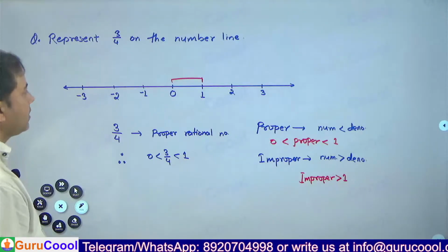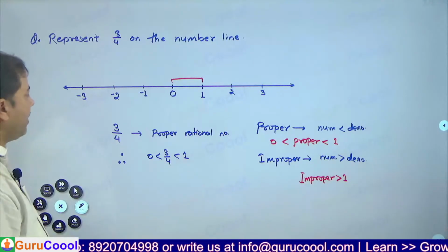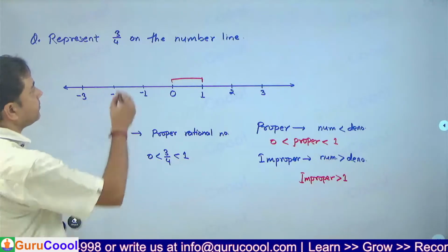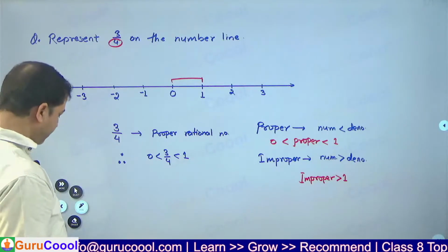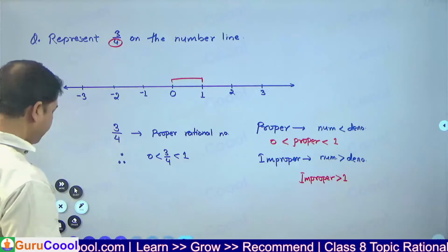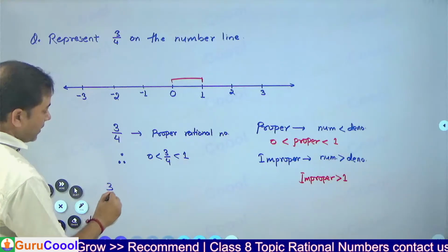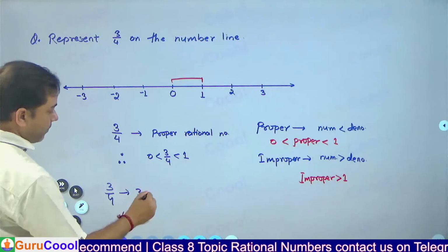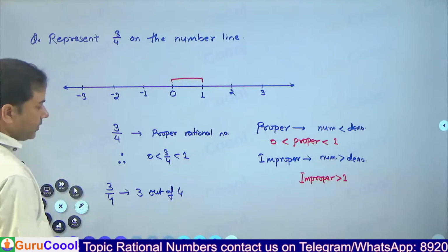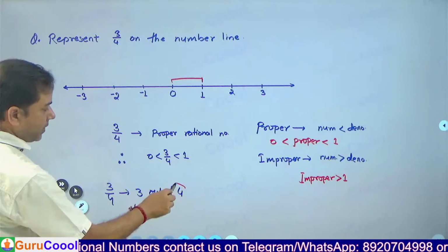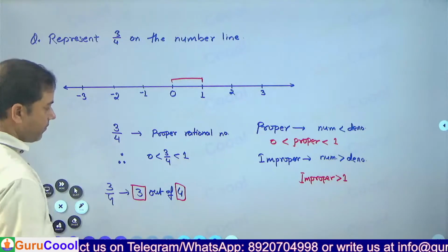Now the time is to show 3/4 on the number line. We have to look at the denominator. The denominator is 4. Three by 4 means 3 out of 4. That means we will need 4 pieces in total, out of which we will take 3.